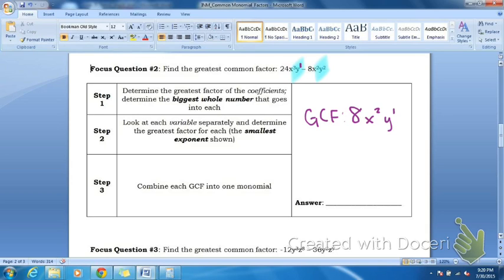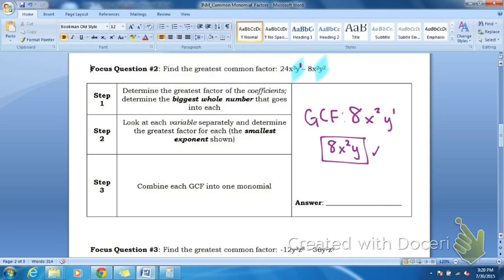Now you guys know from listening to me that 8x squared y would be the official answer to this if you're looking for the finalized answer. Now I know in the previous one I did show what it would look like if we factored, but right now all we're identifying is what is the GCF.